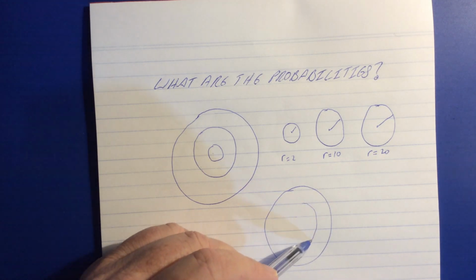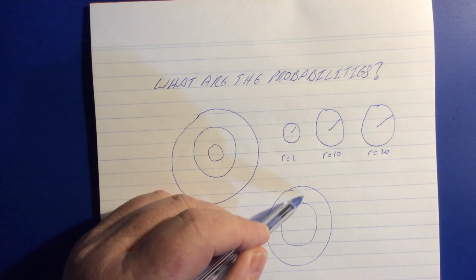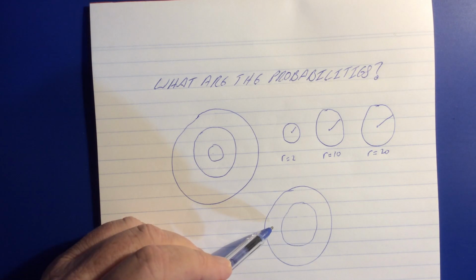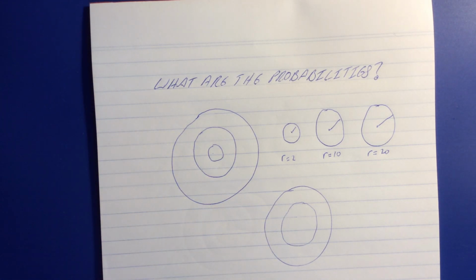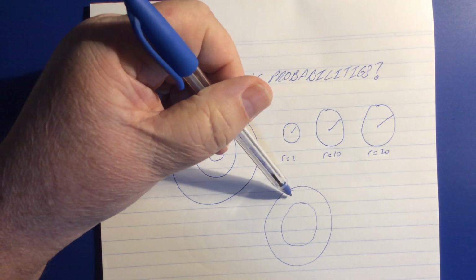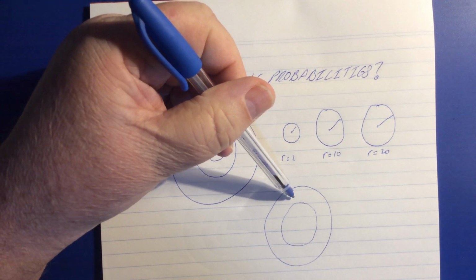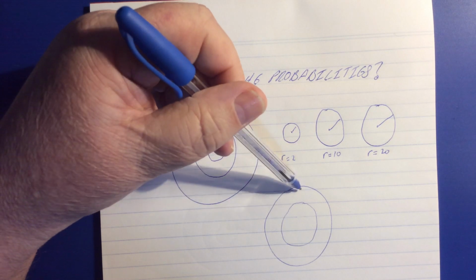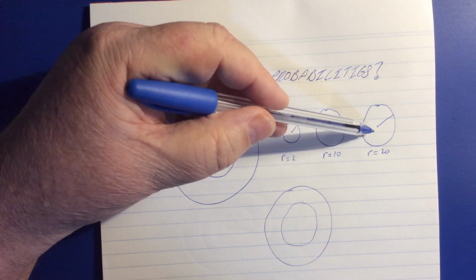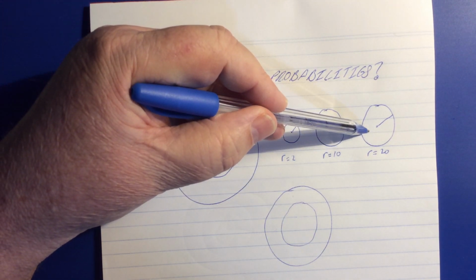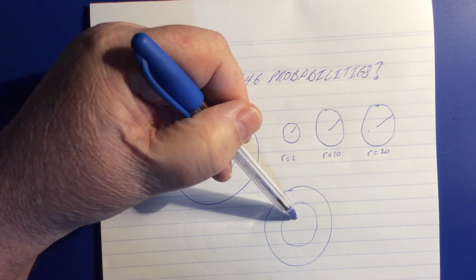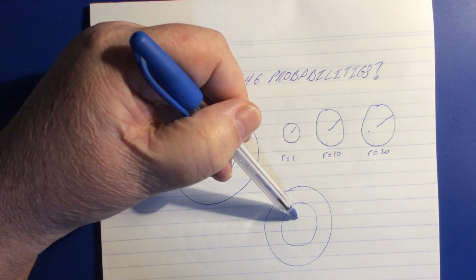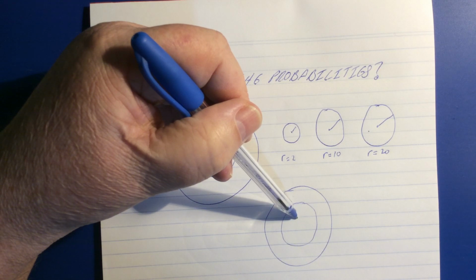Let's deal with the first ring, the outer ring. Now, the probability of hitting this part of the board can be calculated by finding the area of the large circle and subtracting the area of the smaller circle from it.